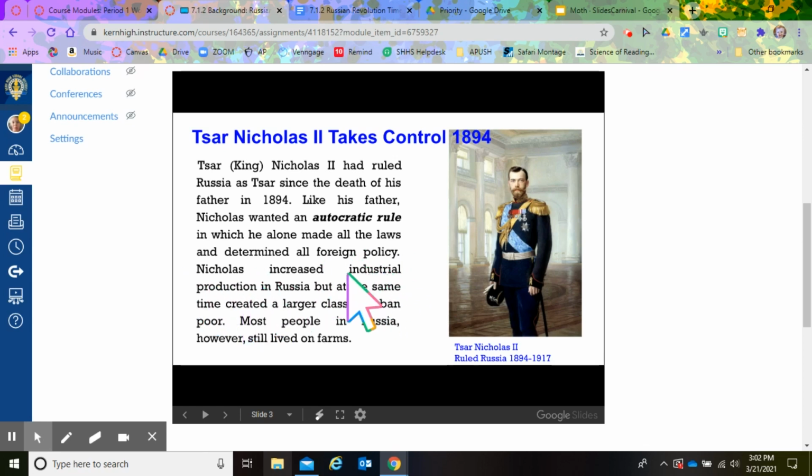He did increase production in industries, but it really just made the Tsar more rich, and the people weren't being taken care of. And because the country was so large, most of the people still lived on farms.